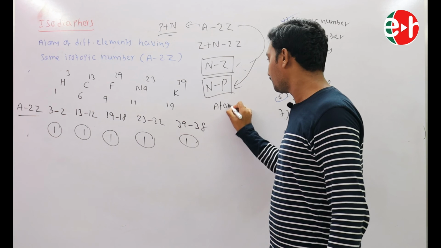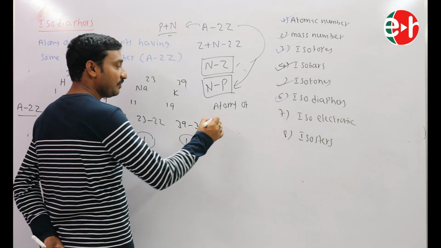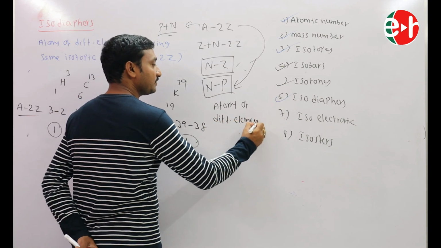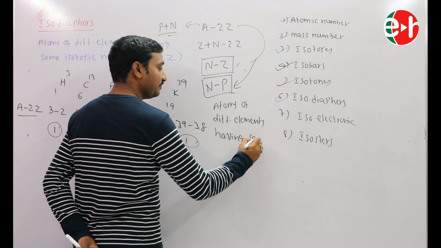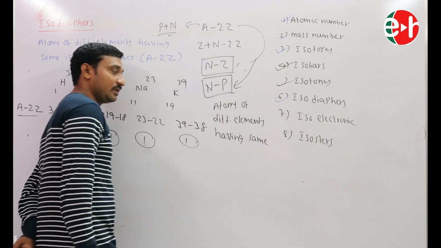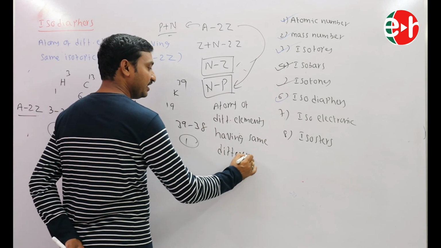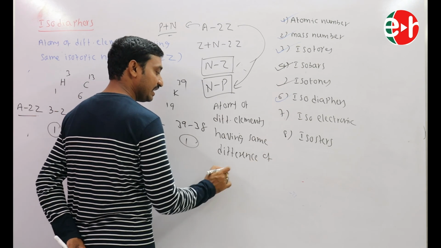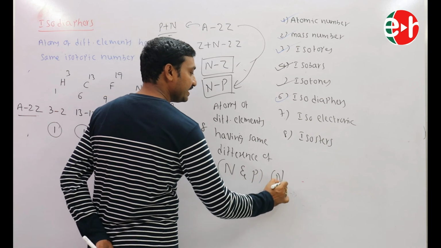Atoms of different elements having same difference of neutrons and protons, that is N minus P.